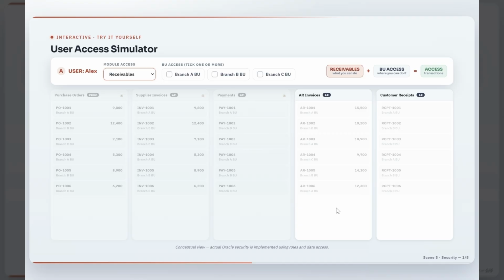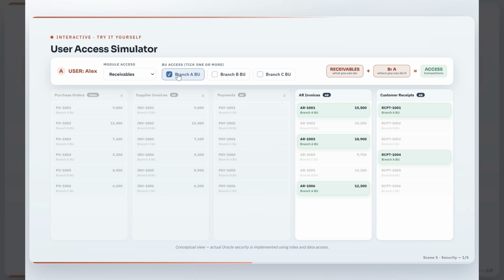Module access has told Oracle what Alex may do, but Oracle still does not know for which business unit Alex may see or process data. Now select branch ABU under business unit access. This is the moment the transaction data becomes visible. Alex can now see branch A AR invoices and branch A customer receipts.